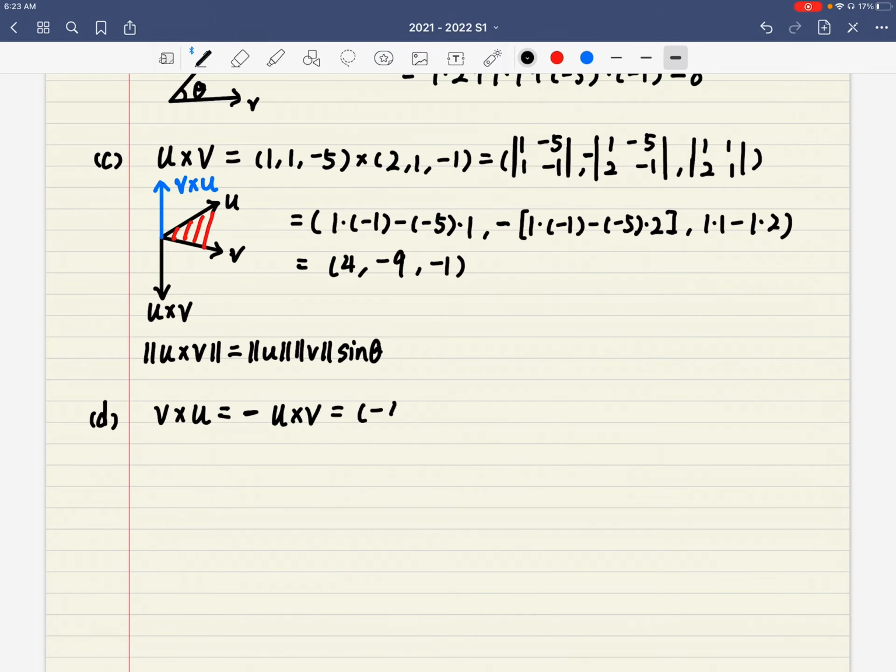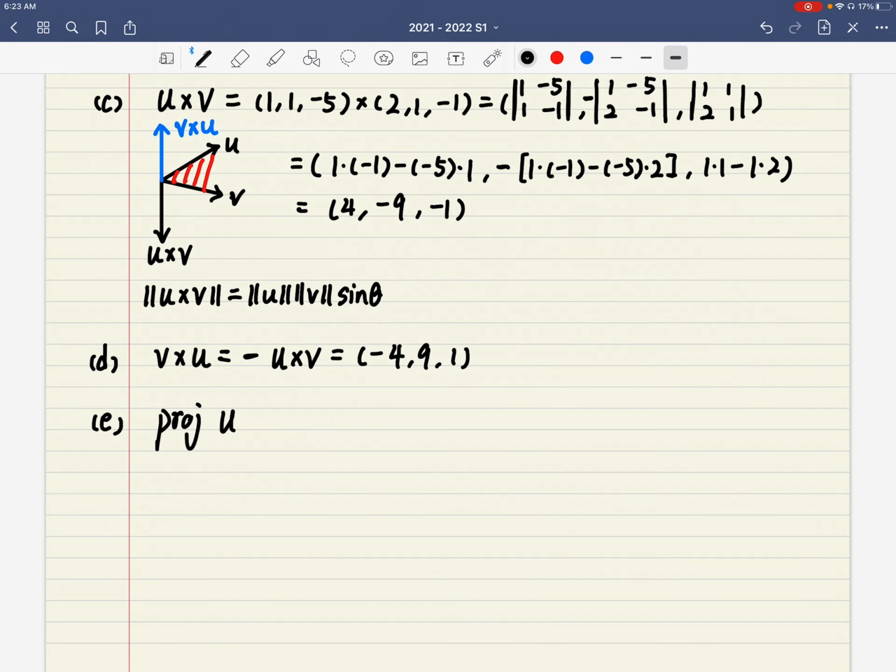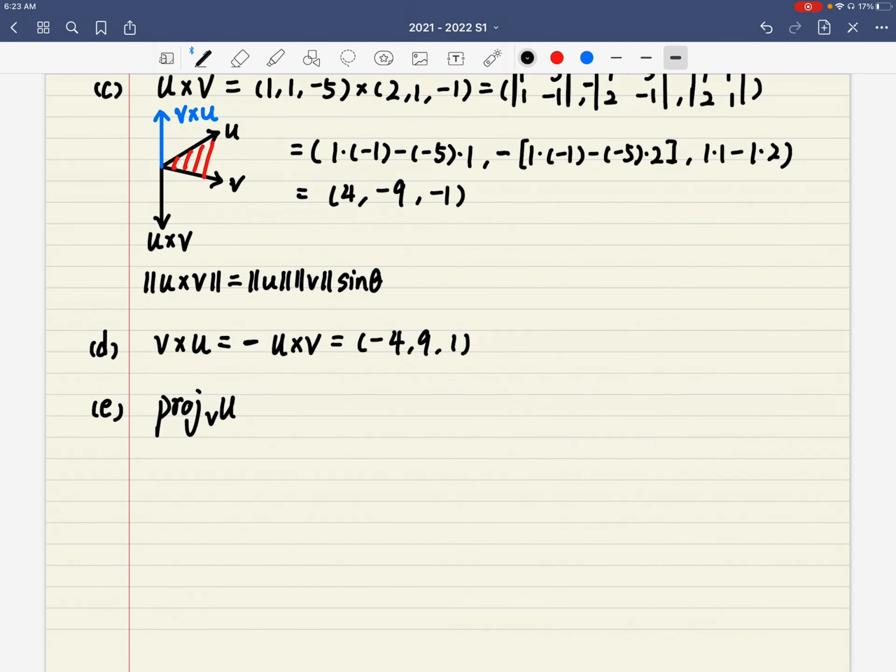And the last part is a projection, the projection of U on V. So if we sketch it, this is U, this is V. Then what is a projection?